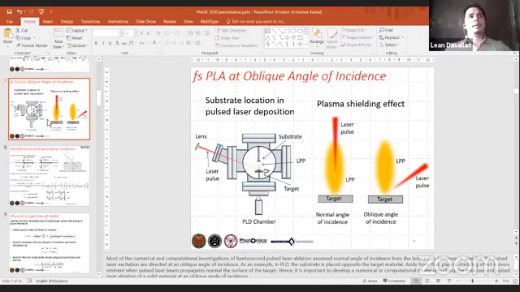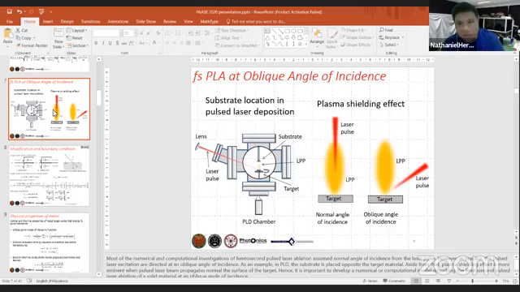Some Japanese group did a systematic experimental investigation on the dependence of the crater on the angle of incidence and polarization. They concluded that it's more efficient to use p-polarized light, and they attributed it to the resonant absorption of the laser energy on the target.